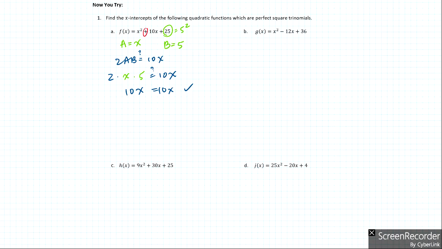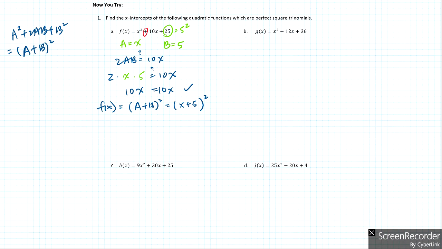So the middle term is indeed 2ab. Now knowing that we're looking for a squared plus 2ab plus b squared, that can be written as (a + b) squared. So f of x is equal to (a + b) squared, with our a being x, b being 5, and we connect with a plus sign because the middle term is positive.